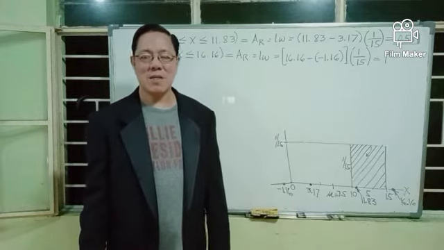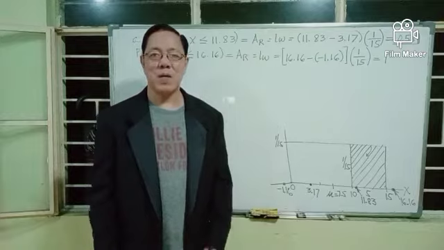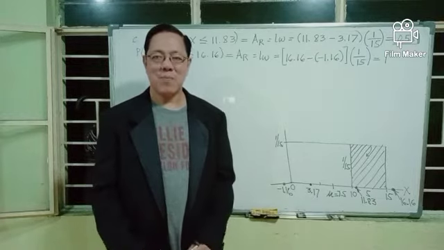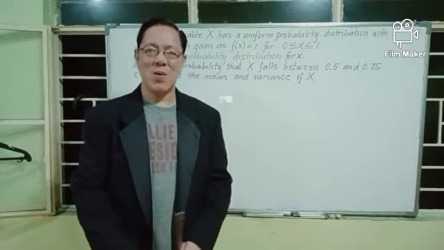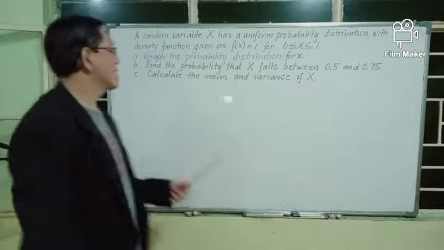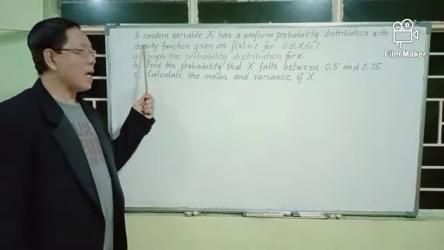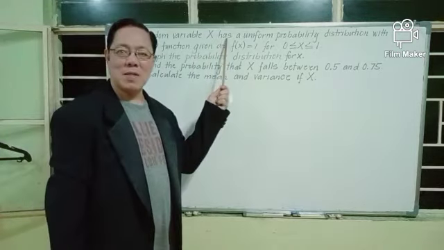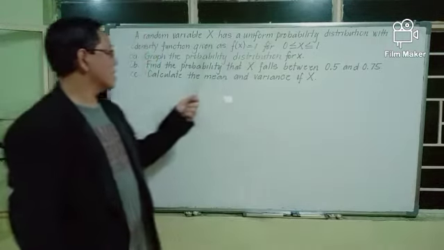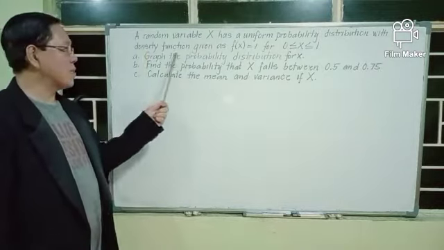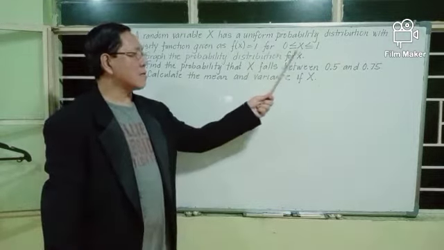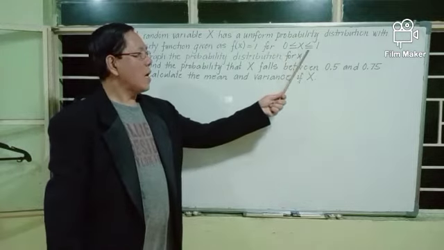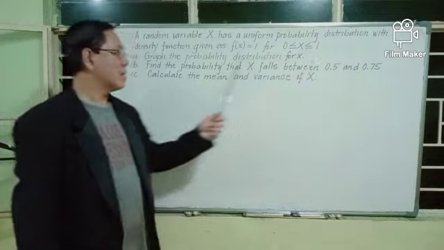And that completes the solution for our first example. We now take another example. Our next example, consider the following problem. A random variable x has a uniform probability distribution with density function given as f of x equals 1 for x greater than or equal to 0 and less than or equal to 1.